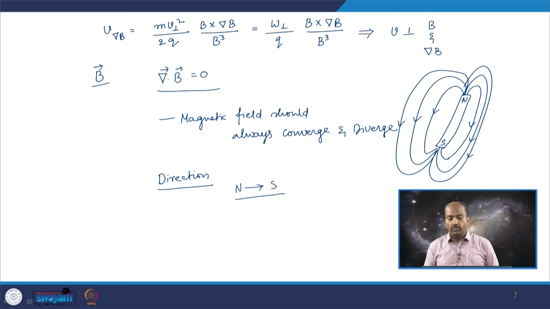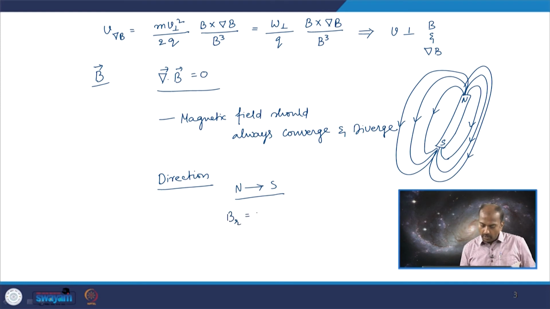Now, what you see from this figure is that del dot B is 0, of course. The magnetic field lines converge and diverge at the poles. That means the strength of the magnetic field is maximum at the poles and it varies as a function of r. If you simply take a dipole magnetic field, it will look something like this.